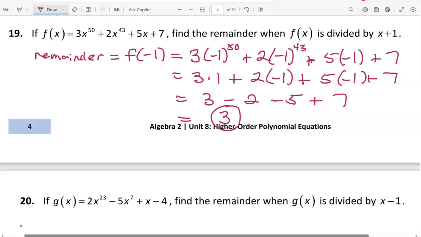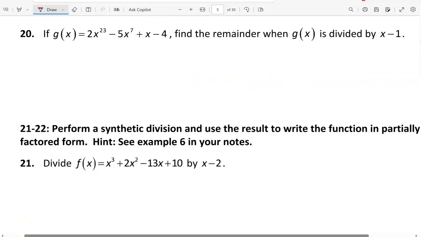In 20, we're asked to find the remainder when g of x is divided by x minus 1. The remainder, according to the remainder theorem, is the same as g of positive 1, which is the 0 of the divisor.